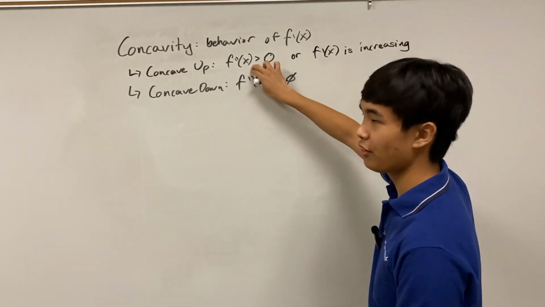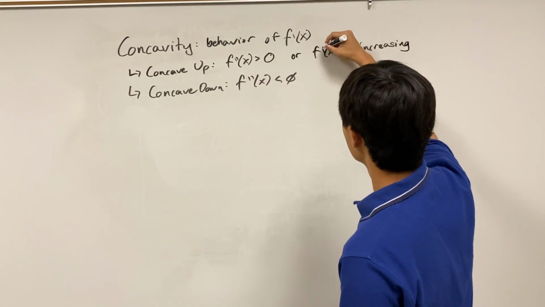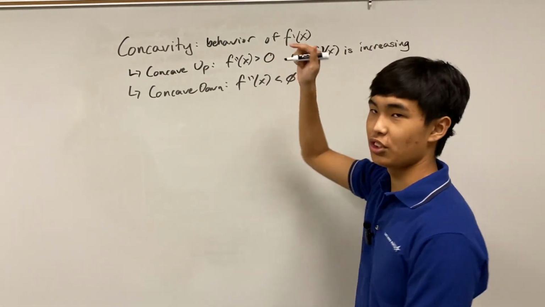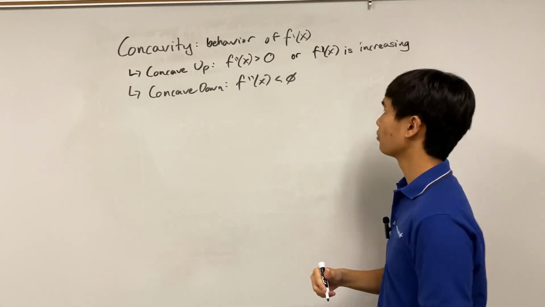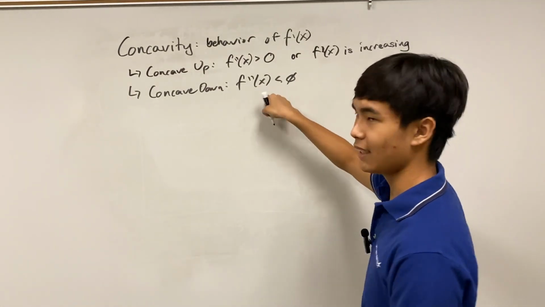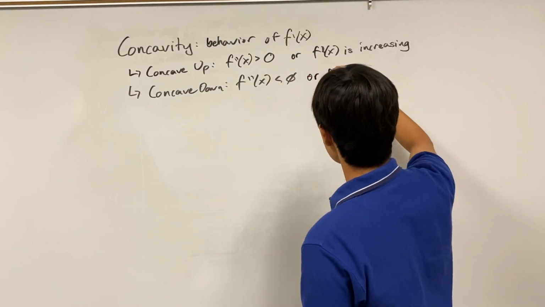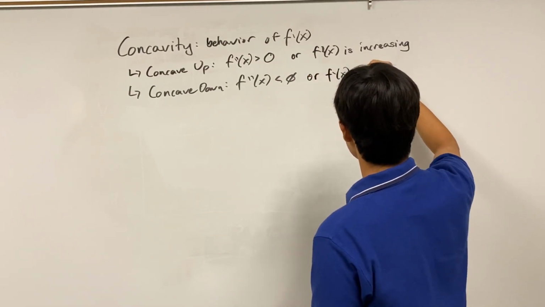Because this is the derivative of the derivative. So when the first derivative is increasing, the second derivative will be greater than 0. And likewise, when the second derivative is less than 0, that means the first derivative is decreasing.